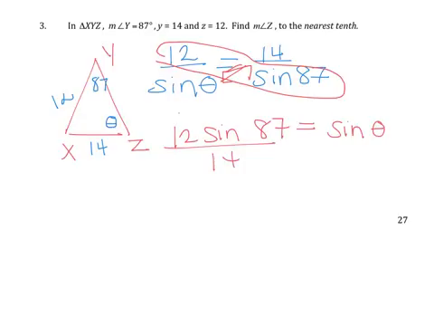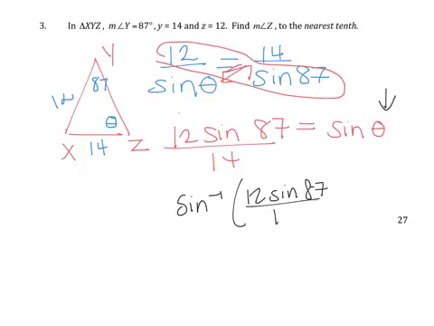Since we're looking for the angle measure, theta, you're going to have to use sine inverse using this ratio. So sine inverse of 12 sine 87, all divided by 14, is equal to theta.